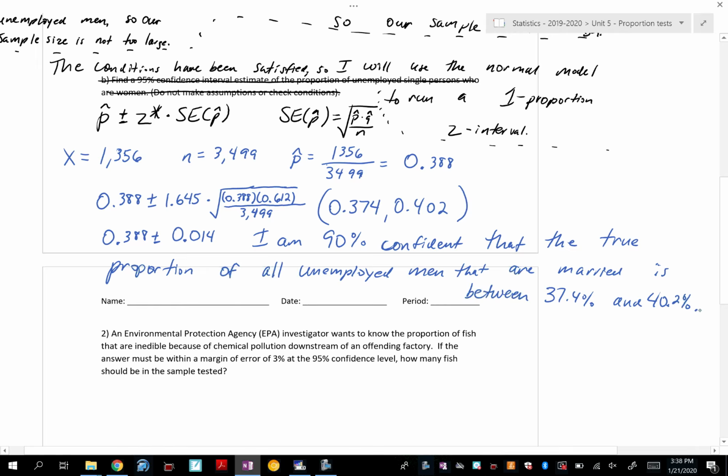And we did it. Yeah, that's a lot. That's going to go faster, right? That's one problem. That's called a one proportion Z interval.